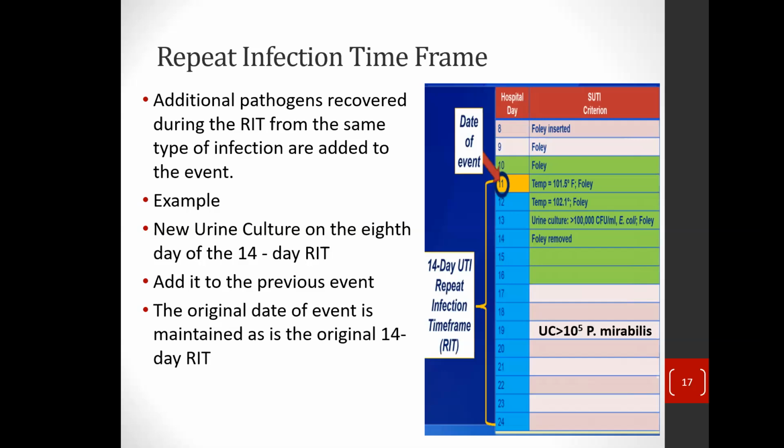So in this example, the uropathogen was E. coli on day 13. The date of event was actually day 11. And so when you get that urine culture on the 19th of Proteus, you simply put that Proteus on the same event as the UTI with E. coli, and it's just 1 CAUTI that's counted in your infection control statistics.